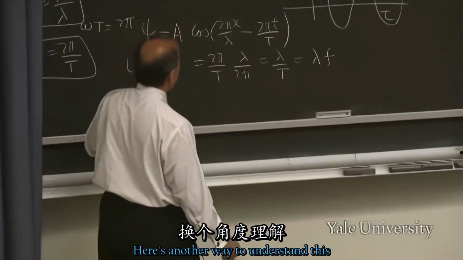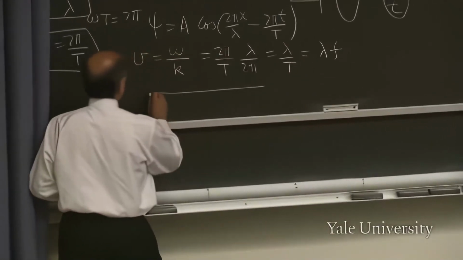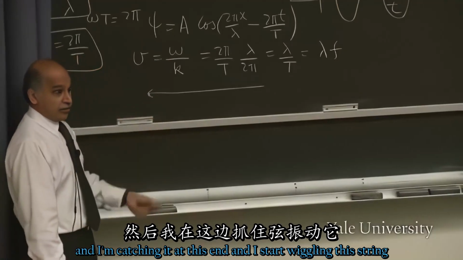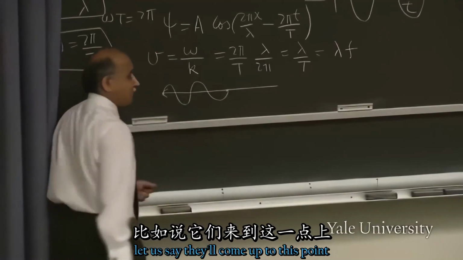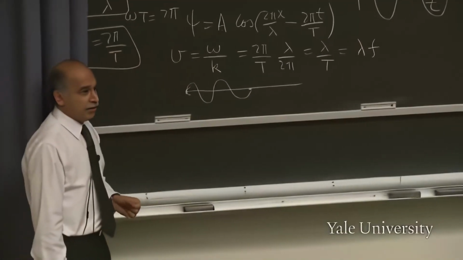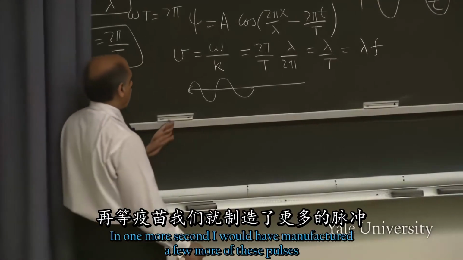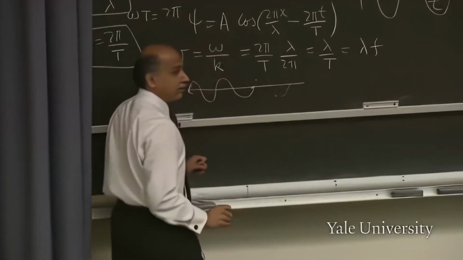Here's another way to understand this. Suppose I have a string that goes on to infinity, and I'm holding it at this end, and I start wiggling the string. When I start wiggling this, these pulses will travel. Let us say they come up to this point. Let's wait one more second. In one more second, I would have manufactured a few more of these pulses, and the wave will look like that.